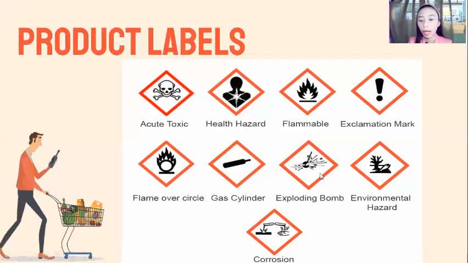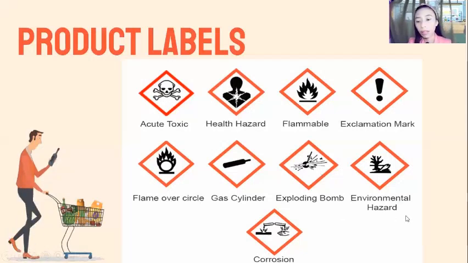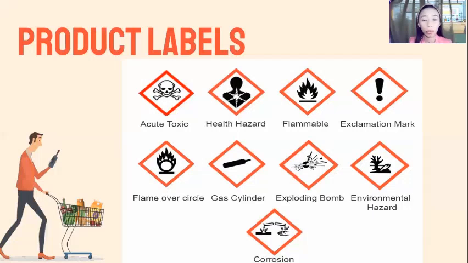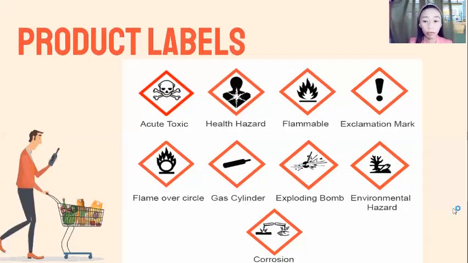And then you have exploding bomb, explosive. Environmental hazard: these are the products that might contribute to environmental pollution if you are not able to properly dispose of this type of thing. And then corrosive, it means corrosion. These are the type of products that may react to other chemicals if you accidentally mix them.